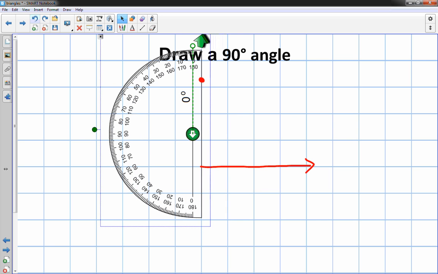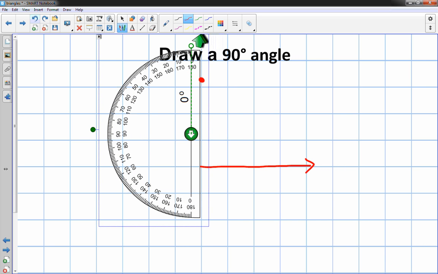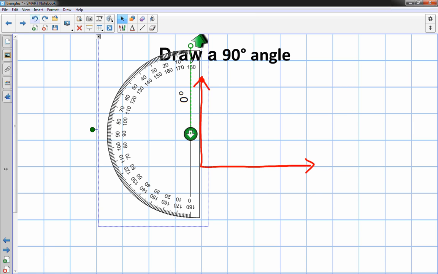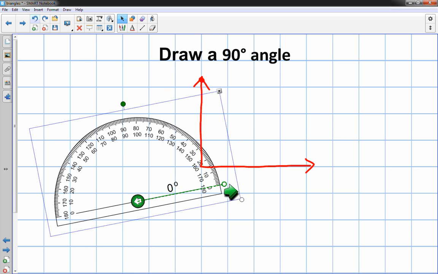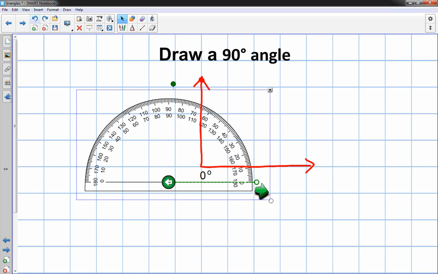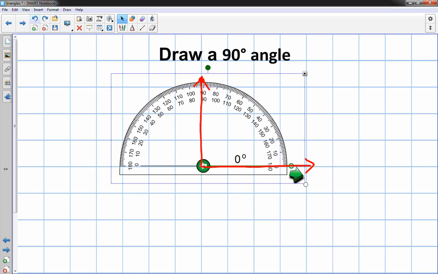Move it over there. It's a very helpful tool. And then just run your pencil along there. That should be 90 degrees. Probably one of the easiest ones to draw. And just move it back over there and make sure that it's 90 degrees. Just double check your work.